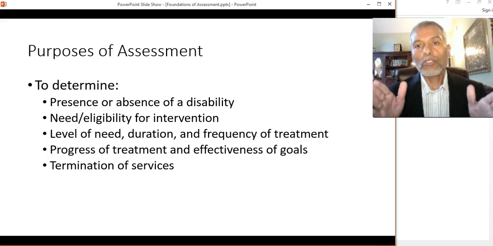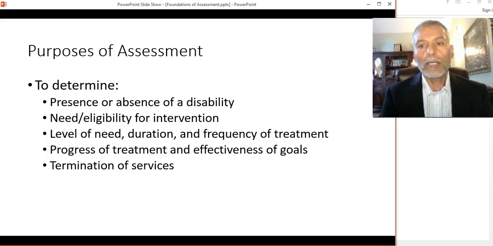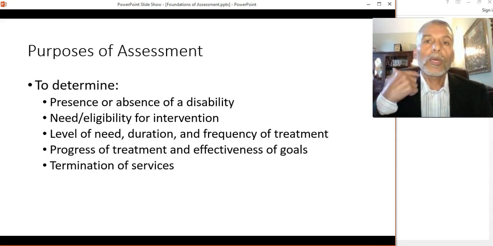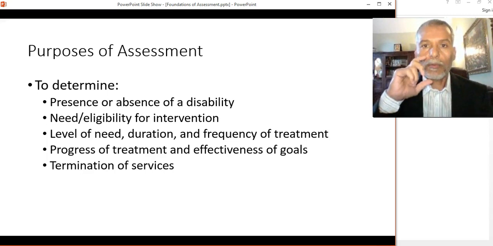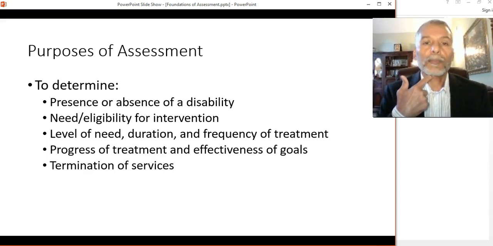So we said a speech disorder is a disorder in three primary areas, and speech disorders have to do with the motor production of speech. Number one, voice disorders.